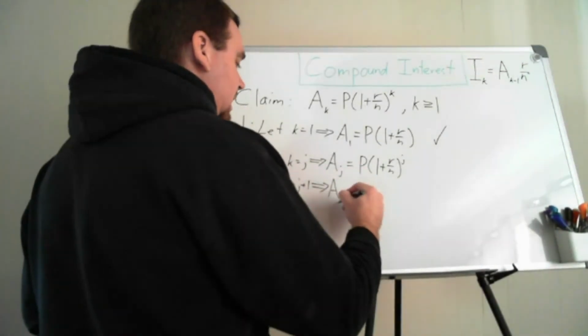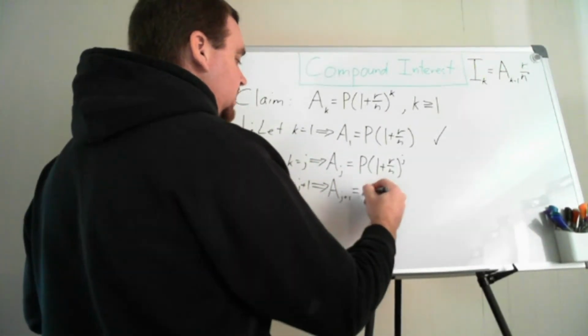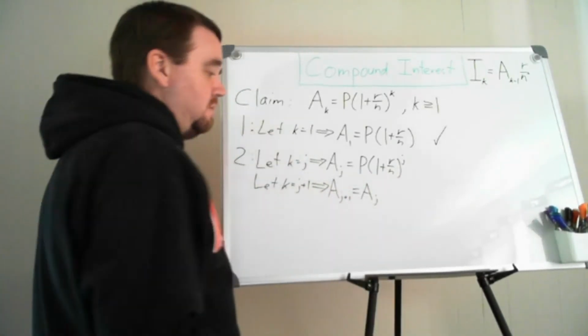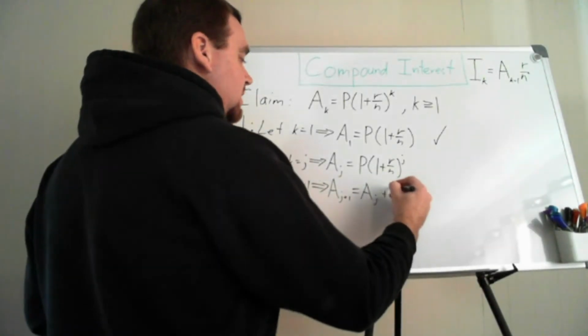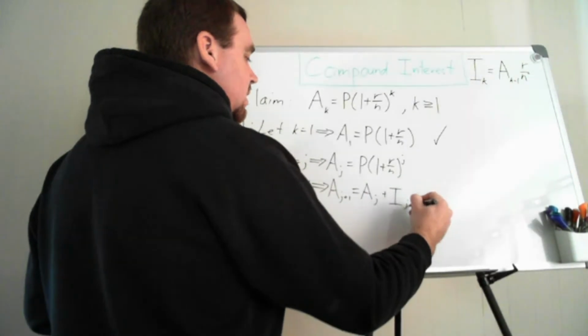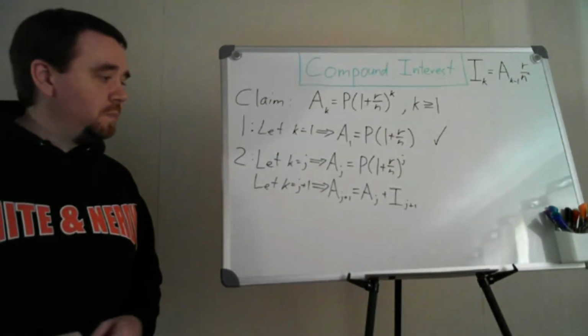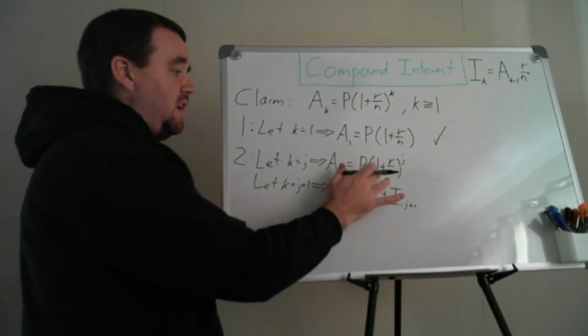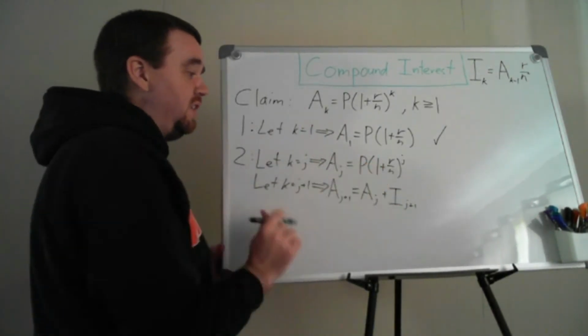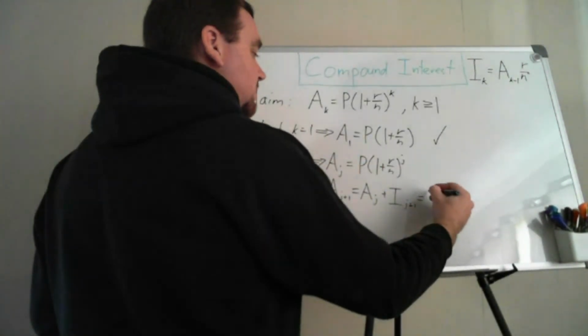Well, to find A of j plus 1, we said we have to take A of j and add to it I of j plus 1. Well, we know A of j because by assumption it must be true that it's this, so we substitute that in.